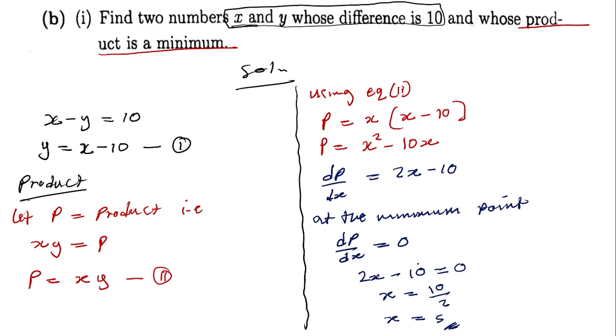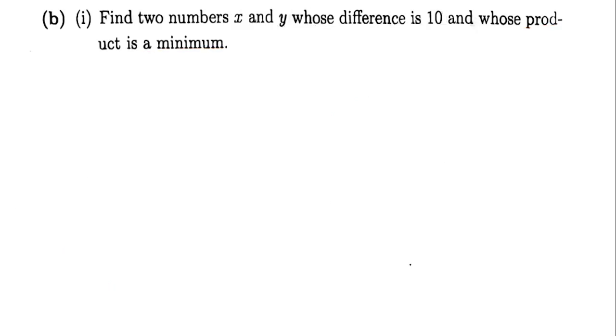I'll use equation 1: y is equal to x minus 10, such that we know x is equal to 5. So 5 minus 10 is going to be negative 5.